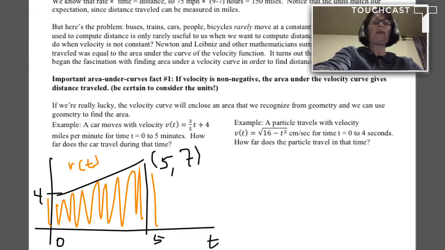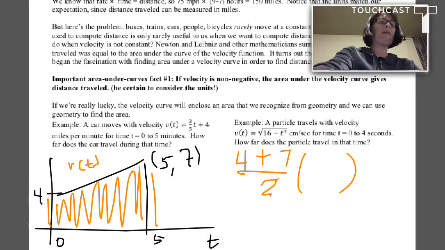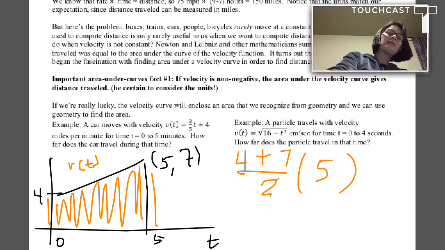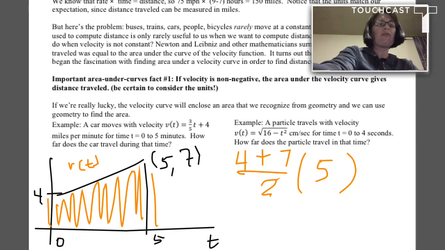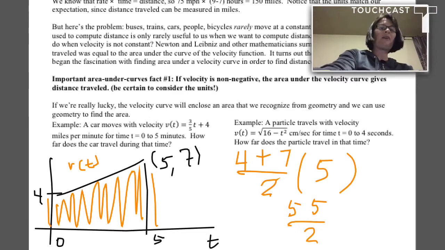So, that's 4 plus 7 over 2. I'm going to multiply it by the width of that trapezoid, which is 5. So 4 plus 7 is 11. 11 over 2 times 5 makes 55 halves. Feel free to simplify, that's fine.